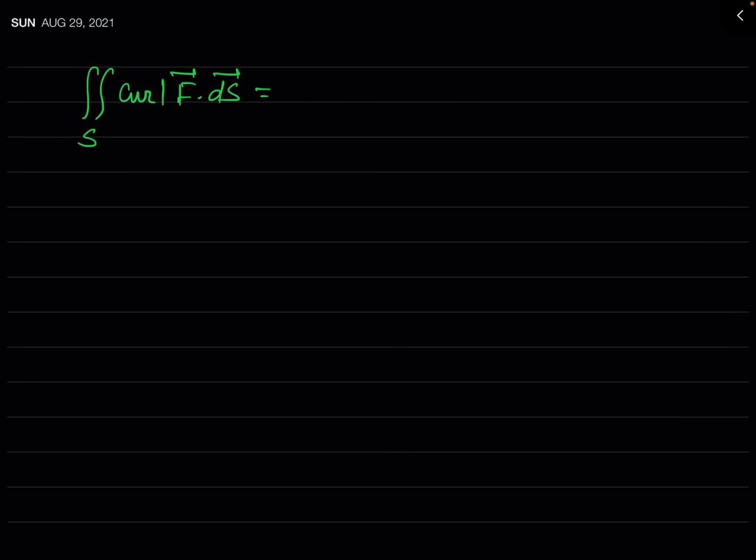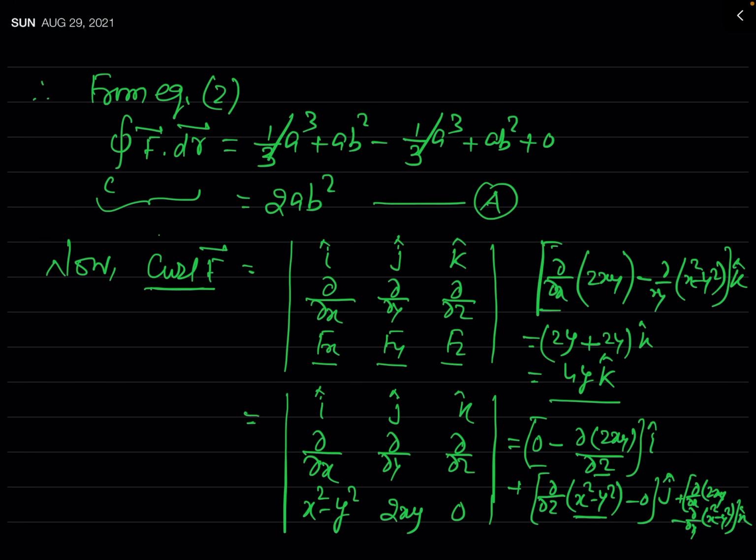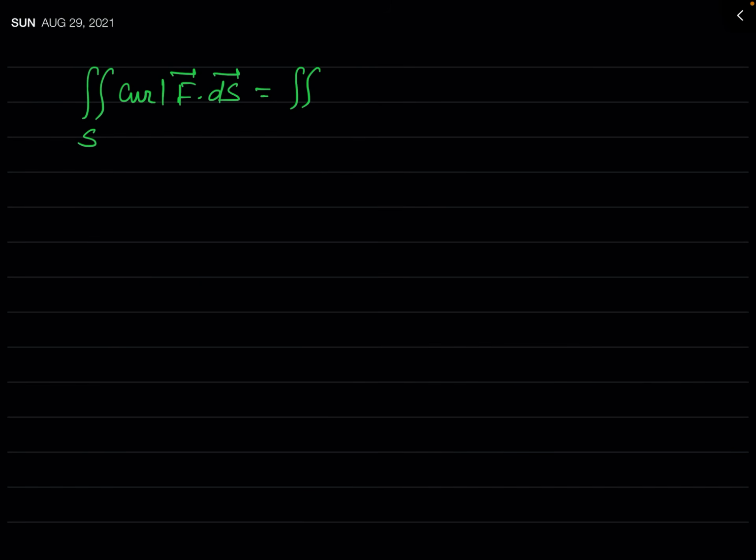What will be this? As you can see, we have obtained the value of curl of f here, which is 4y k. So this will be 4y k, and you have seen that this elementary area vector ds is equal to dx into dy k. So this is equal to 4, k dot k is 1, and 4 is constant.